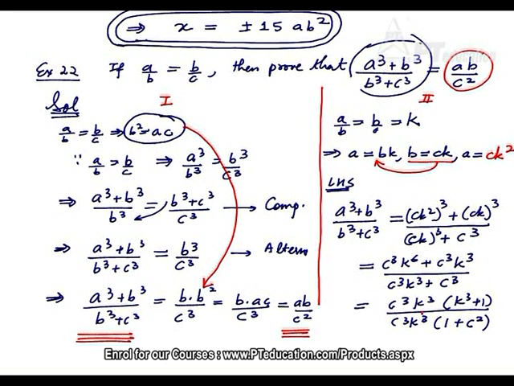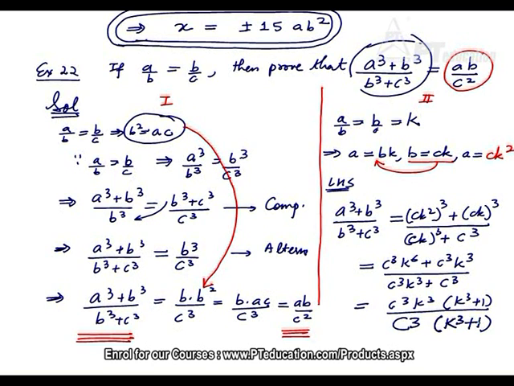So the denominator now becomes c cube times k cube plus 1. I hope that's clear.